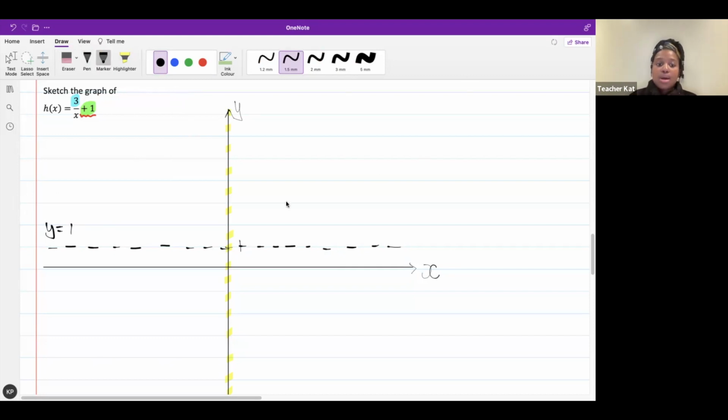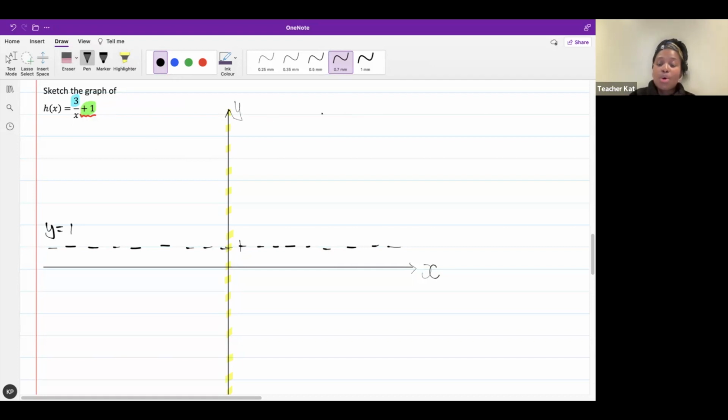All right, now which quadrants do you guys think my graph is going to be in? If you're not sure, I always say substitute. So just think, if you put a 1 over here, it's going to be 3 divided by 1, which is 3, plus 1 is 4. So where does that put me? I have a positive a value.